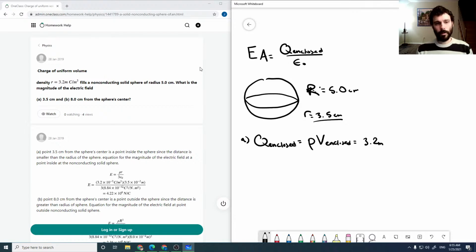3.2 times 10 to the minus 3 coulombs per meter cubed. The volume enclosed will be 4/3 pi times our 3.5 centimeters, or just R cubed, with little r being less than big R. And our area in all cases will be just 4 pi R squared.